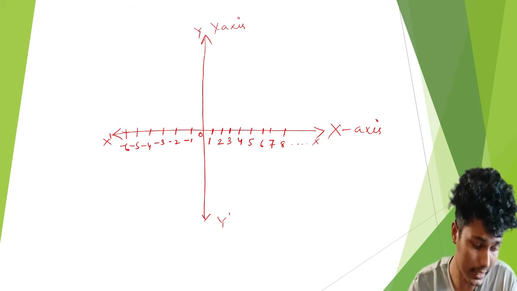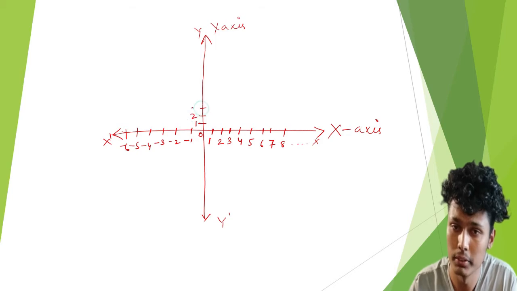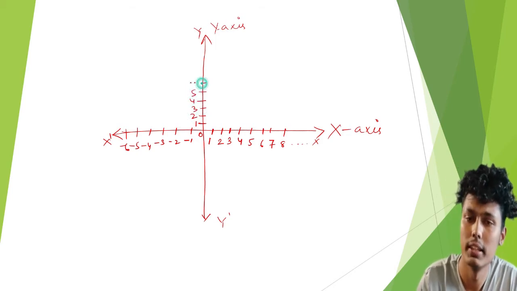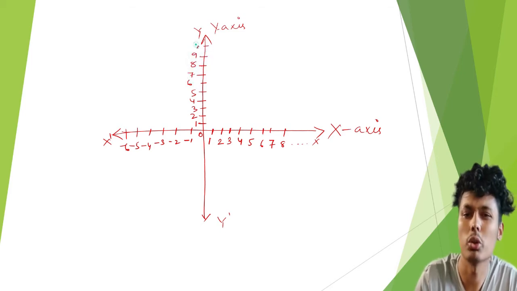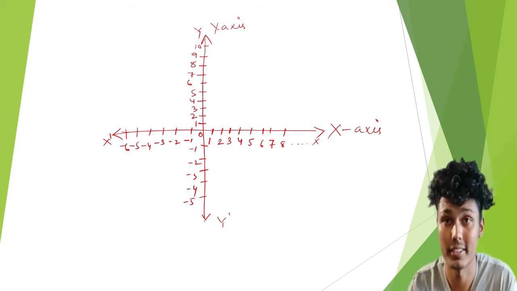Another thing to note is that on the y-axis you have to write like this: 1, 2, 3, 4, 5, 6, 7, 8, 9, and so on. Even here, negative -1, -2, -3, -4, -5, and so on. You can write as much as you can, similarly.